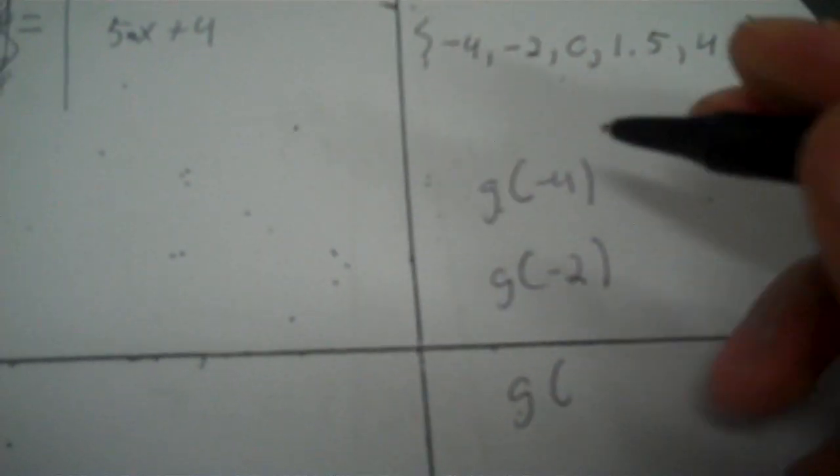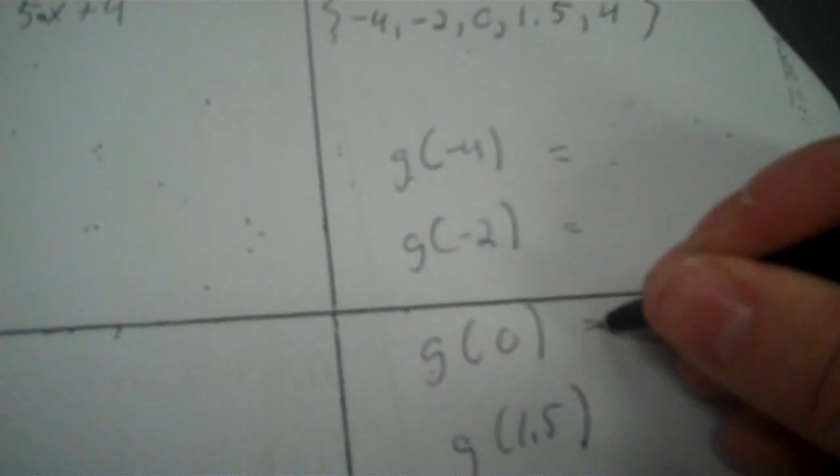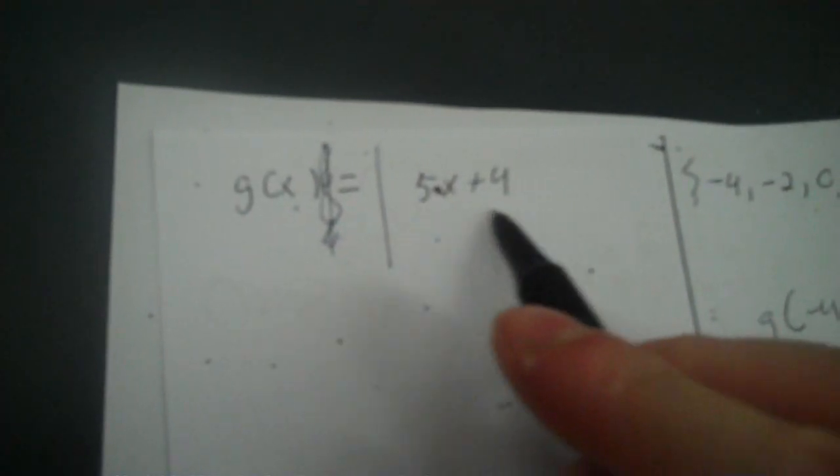g parentheses, instead of x, you're going to put 0. And then g parentheses 1.5. And then g parentheses 4. That's where those are coming from. To find out what these equal, on this side, you replace the x with these values.